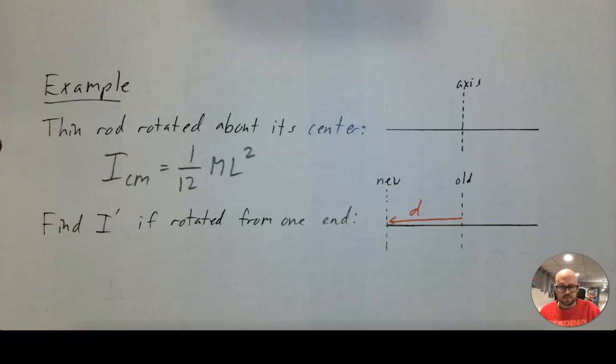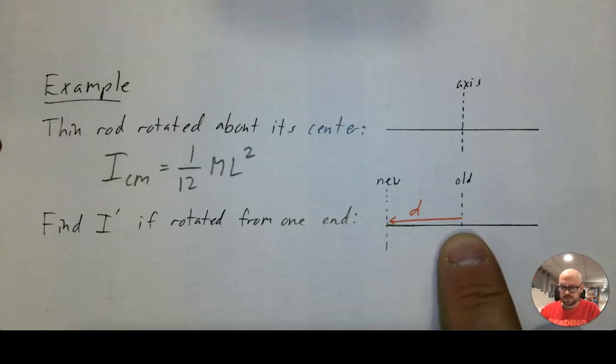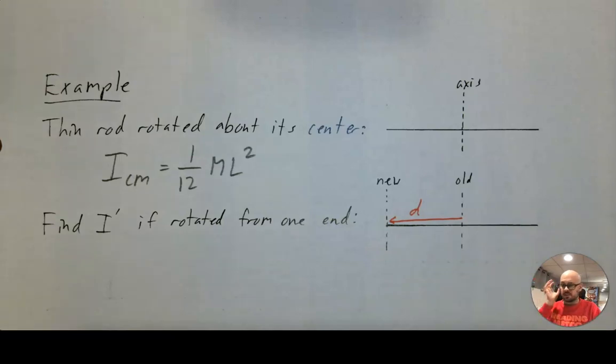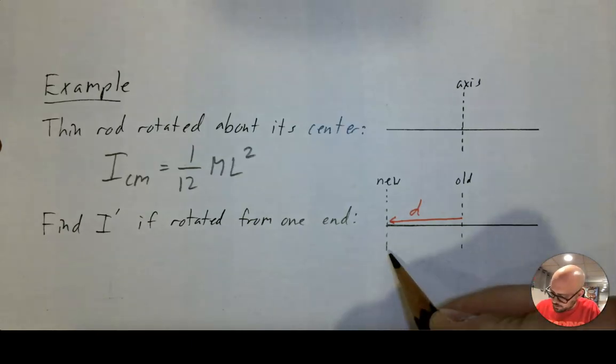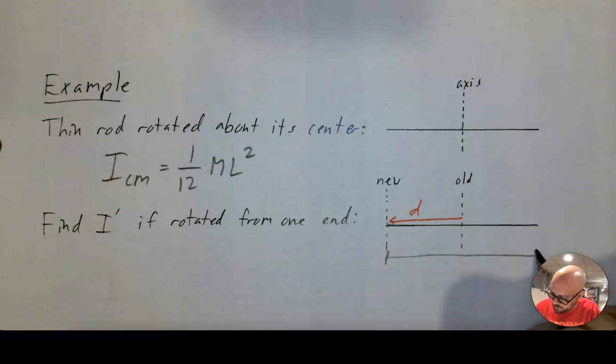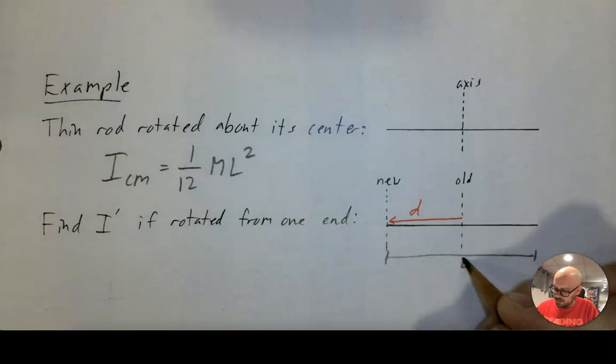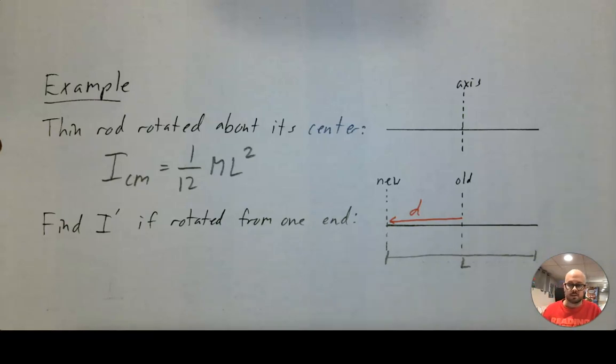The value of d doesn't matter as far as direction goes, because if you're starting at the center of mass, that's a location where the rotational inertia is at its lowest, and so no matter which way you move the axis, the rotational inertia is going to get higher. The only other measurement I want to have up here is the length of this rod is L, and so you'll just need to use that in your derivation.